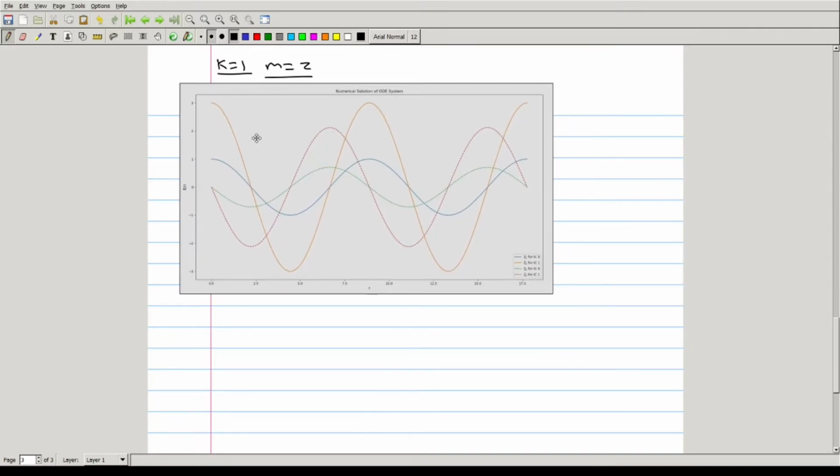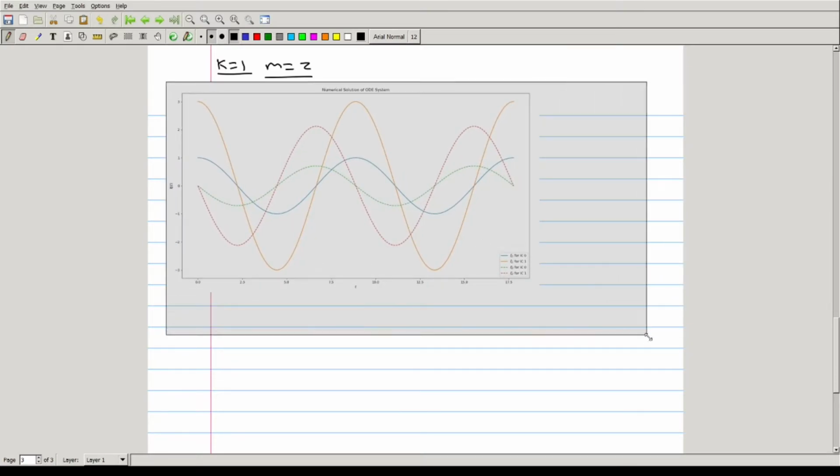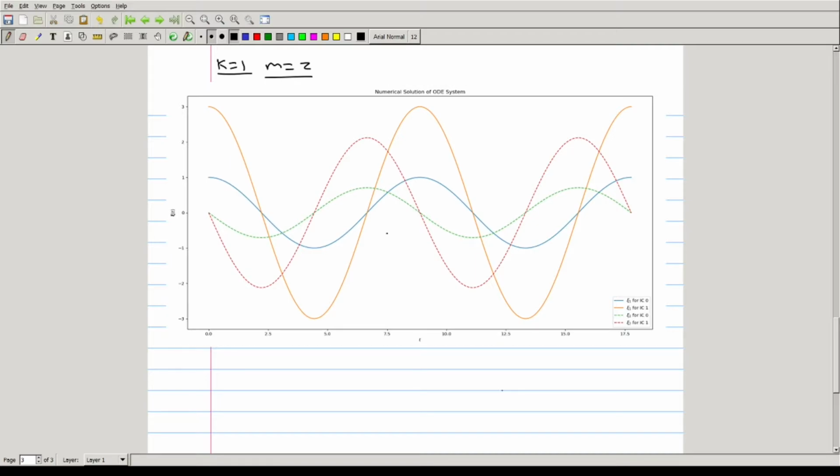So if we use the Python code that we used for the Lotka-Volterra system, we see this is the solution for two separate initial conditions: an initial spring displacement of 1 for the first, and 3 for the second. We're going to start with an initial velocity of 0 for each of these.